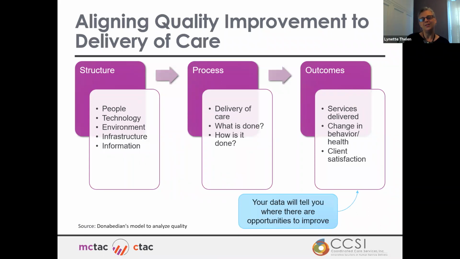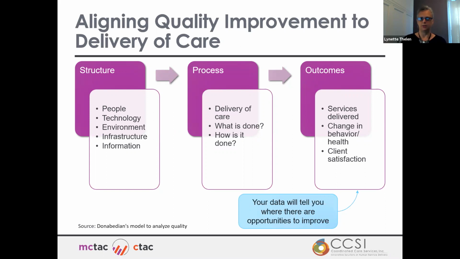This is really a very simplified view of our worlds, but we can break down the delivery of care into three large components. There's the structural component, which is the people and the technology, the environment, the infrastructure, the information that you have.